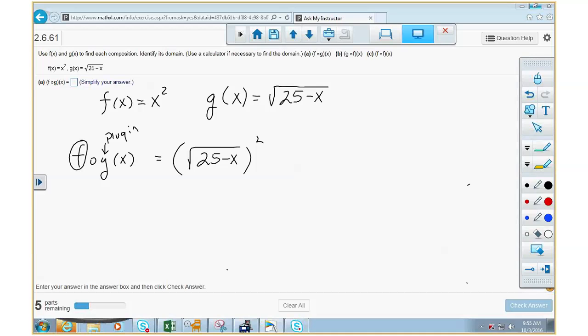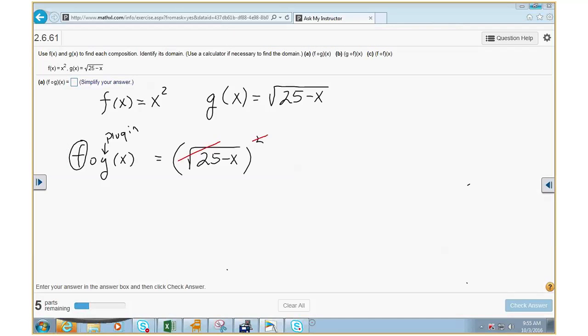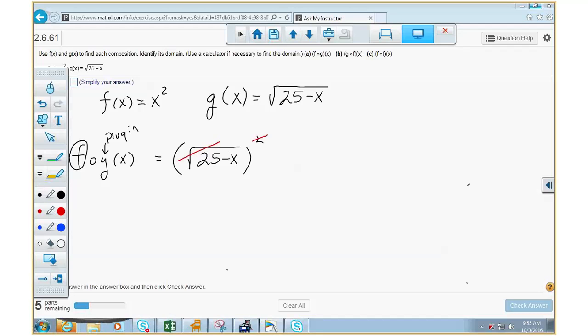Now what happens when you square the square root of 25 minus x? Domain is all real numbers because you can plug in any number there.